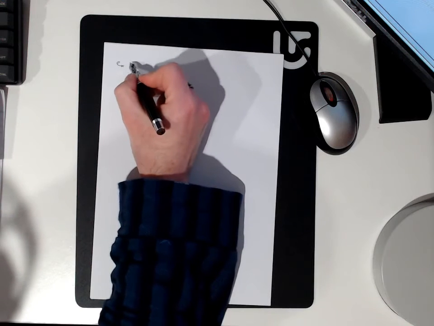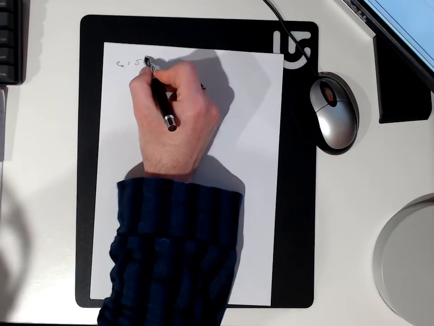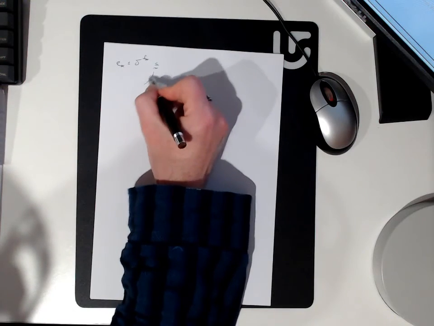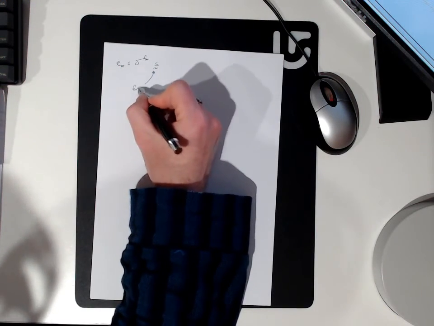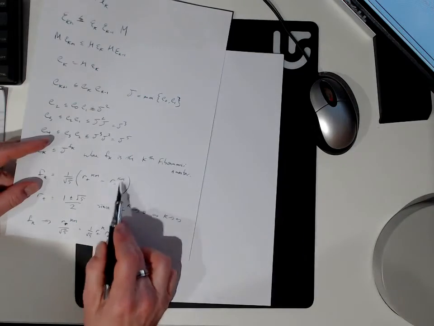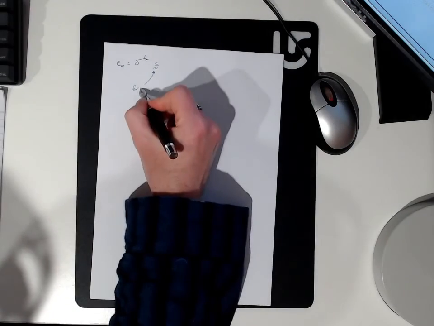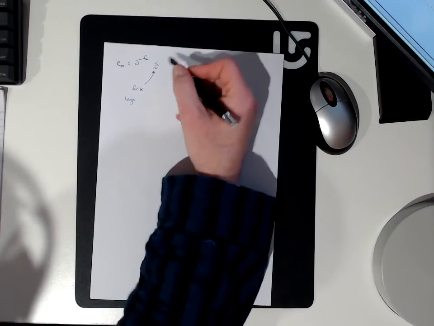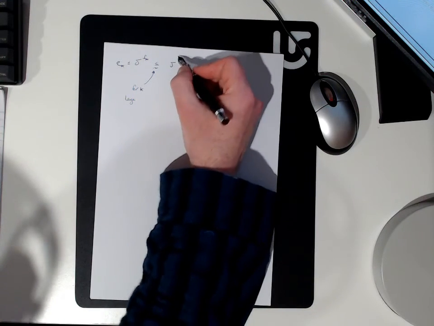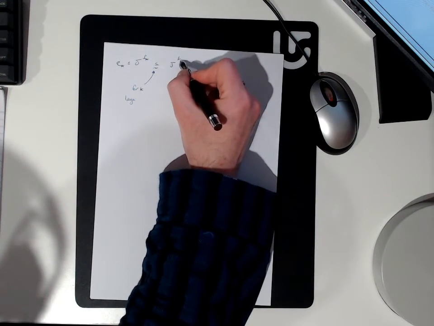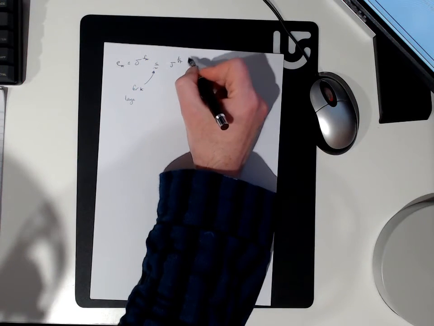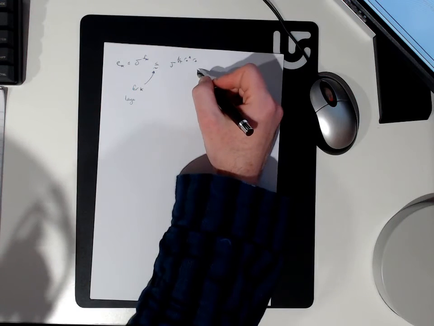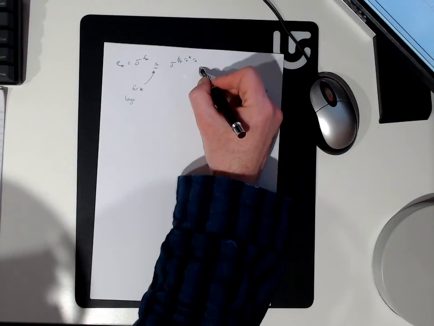So e_k, which is less than or equal to delta to the F_k, which is less than or equal to, for large k, well, it's always going to be less than because this term here is negative, but for large k this will be a better approximate. Delta to the power of 1 over square root of 5 times r plus to the k times r plus. And here's the interesting bit.